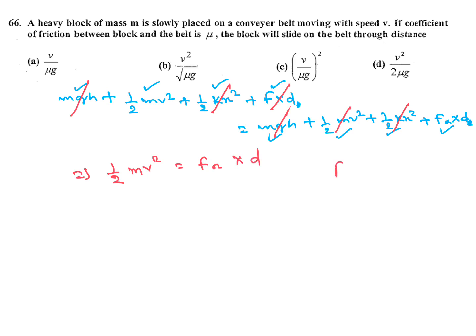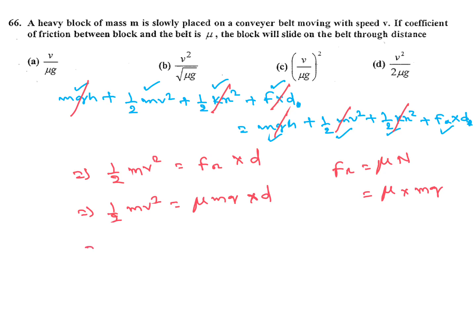Frictional resistance we know is mu into normal reaction, mu into W, which is mg. So half mv square equals mu mg into distance.